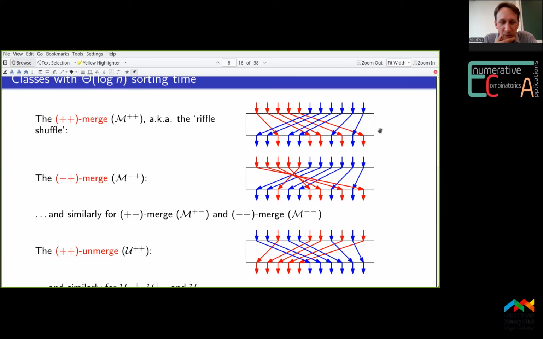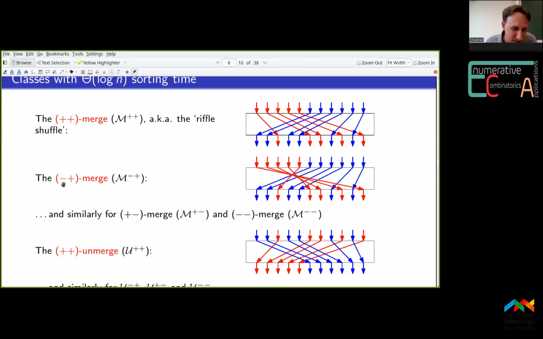If you are familiar with shuffling card decks, then what I call plus merge here is what people doing shuffling of card decks call the riffle shuffle. That's an operation where you take a deck of cards, you split it into two parts, and then if you are skillful enough, you will merge them. So that's the plus merge.